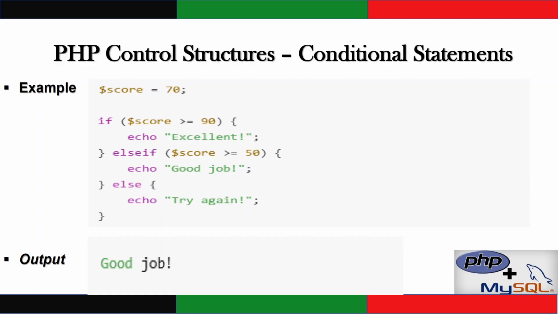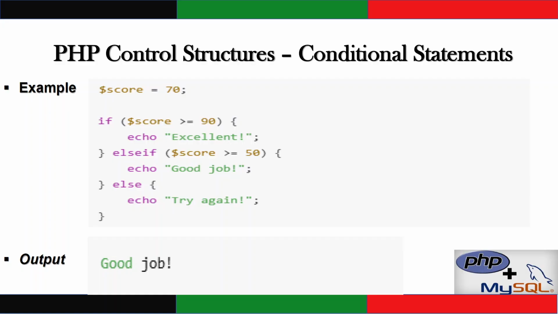Okay. So we go to the next condition, which is condition number two. In the second condition, we are saying that if the marks or the score is greater or equals to 50, then we print a good job.